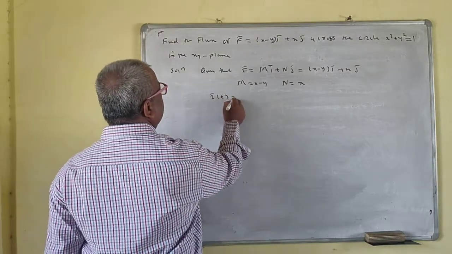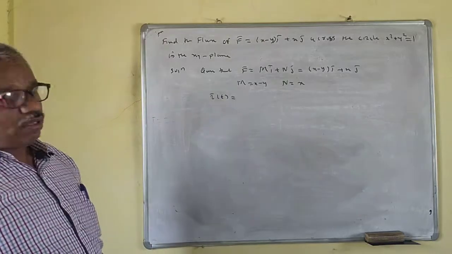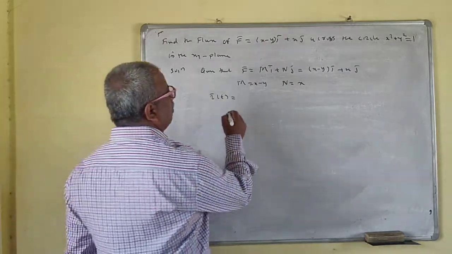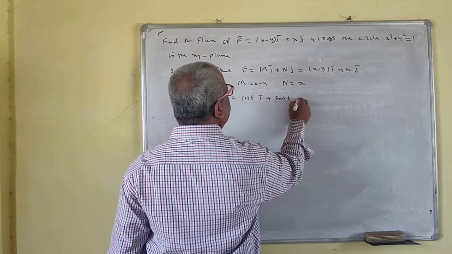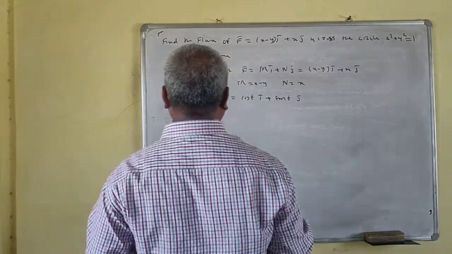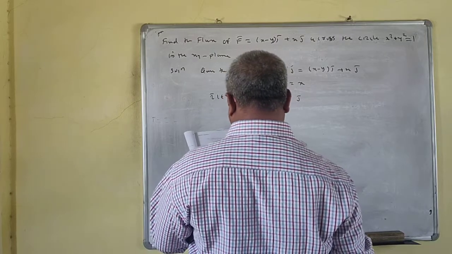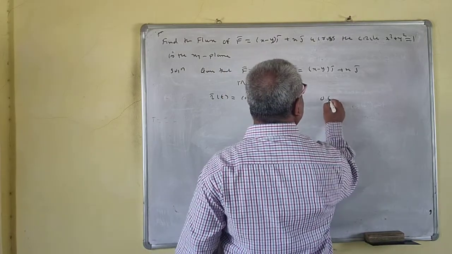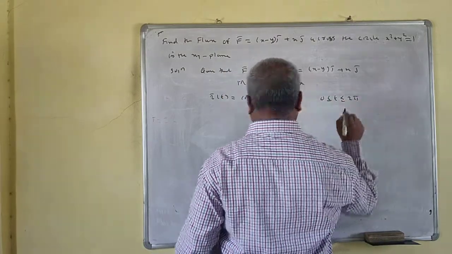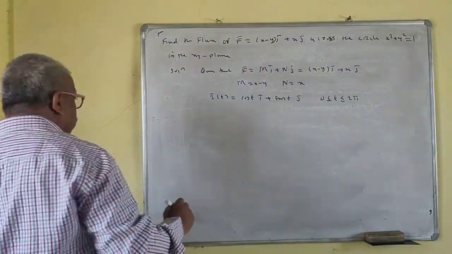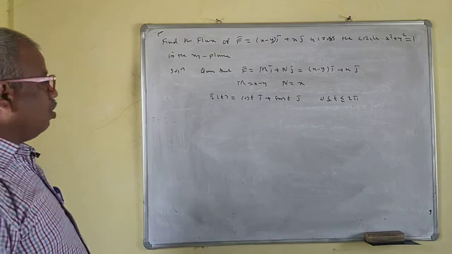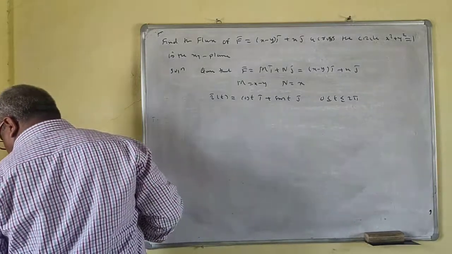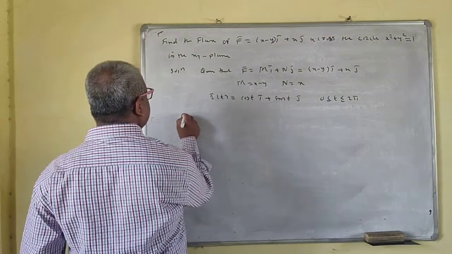Your c is the circle, so r bar of t is cos t i bar plus sin t j bar. Across the circle in the xy plane. The circle is full, so your range of t is 0 to 2 pi. Actually, flux is the circulation, that means you have to consider the full circle.